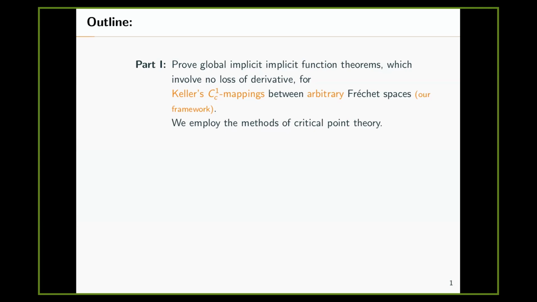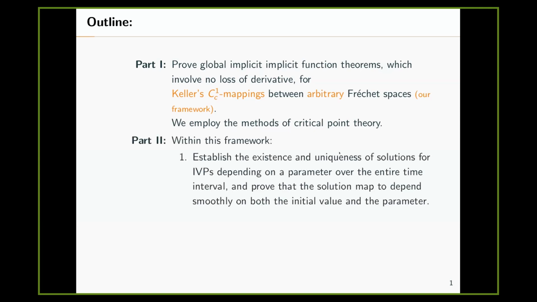In the first part, we will prove 2 versions of the global implicit function theorem by using the methods of critical point theory. And in the second part, we will apply the theorems being proven to solve 2 problems. First, we will consider initial value problems depending on a parameter, and we will find sufficient conditions that guarantee the existence and uniqueness of solutions over the entire time interval.